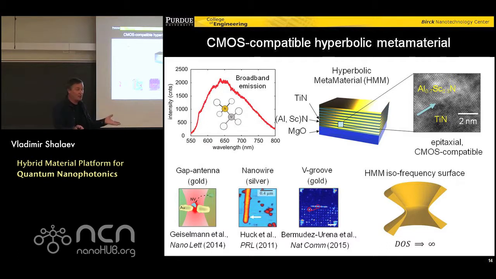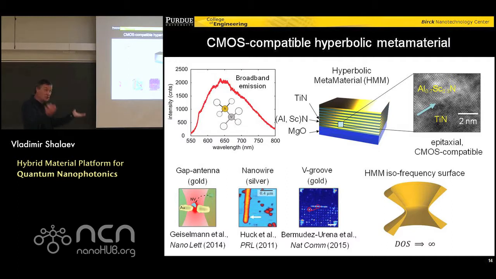For conventional cases, for a homogeneous and isotropic material, it's a sphere: kx squared plus ky squared plus kz squared is given by n squared omega squared over c squared. If it's anisotropic, it would be a spheroid. But if one of the epsilons is negative, it actually becomes hyperbolic.